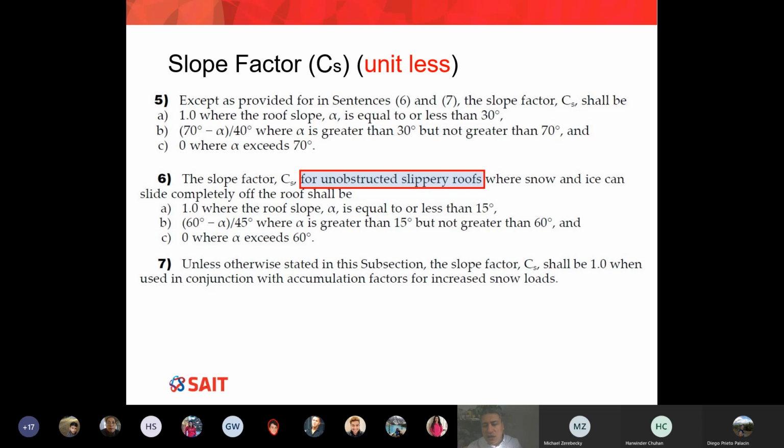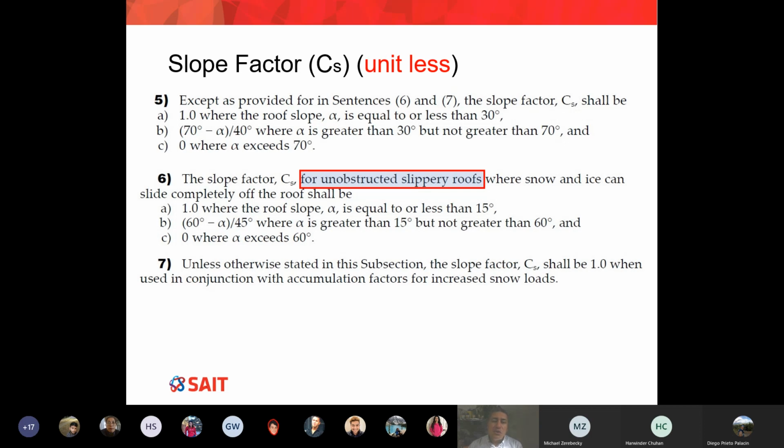Now you can see as we increase the angle of the roof, there's some probability that the snow can simply leave the roof and go to the ground, and so we get less load on the roof. So, on item B here, if the angle is somewhere between 15 degrees and 60 degrees, you need to use this equation here: 60 minus alpha, divided by 45.